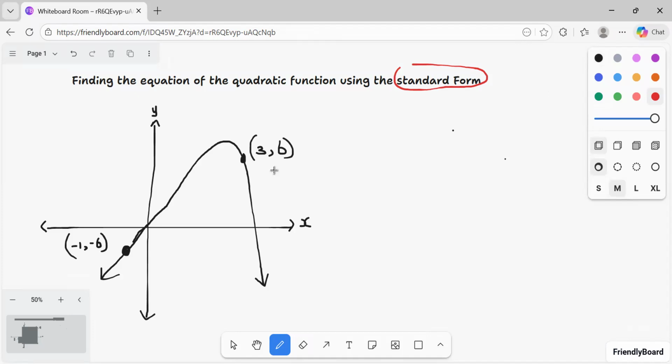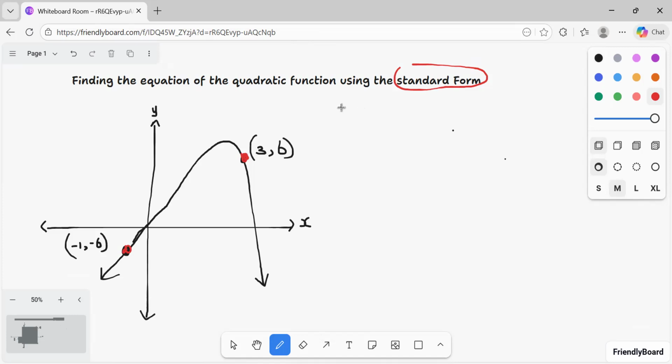You can see there that these are the 2 points that are given. So if 2 points are given, we use the standard form.